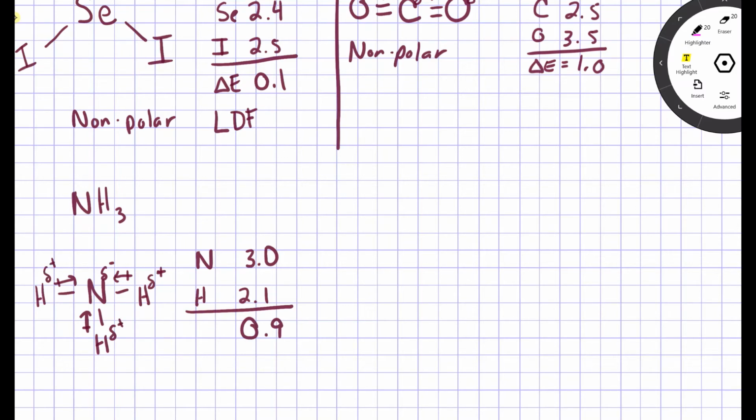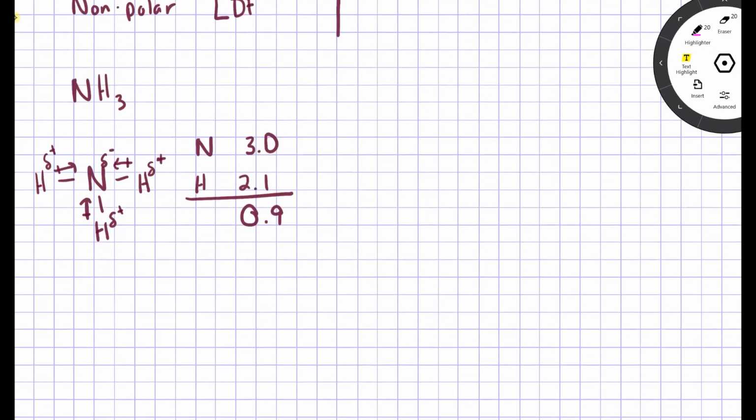So when I ask you to draw the dipoles, this is what I'm talking about. Since it's 0.9, these are polar bonds, but also importantly, since it is trigonal pyramidal, this is not going to be symmetrical. We have a lone pair up there all by itself. And so what that means is this will be a polar molecule.